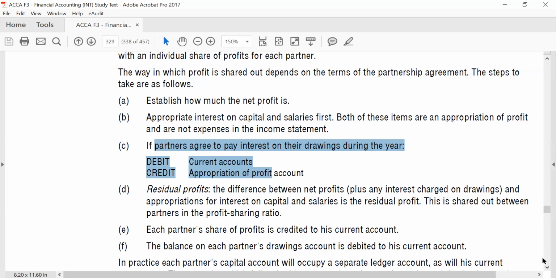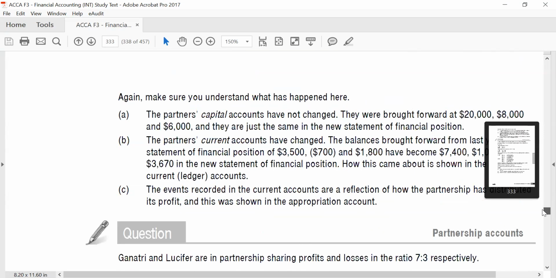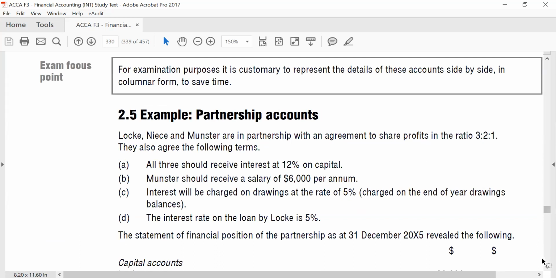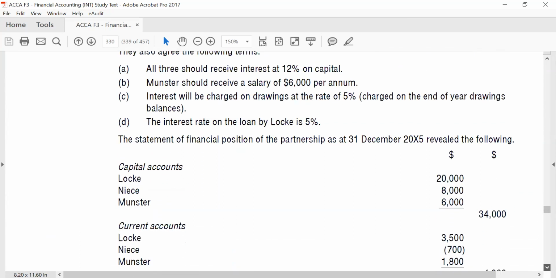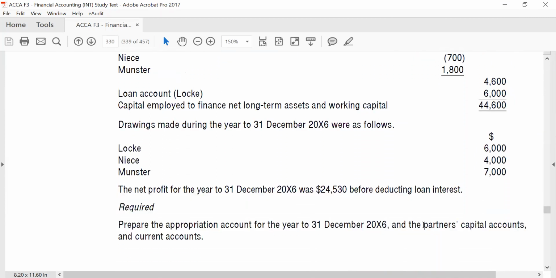Now, from this question, they have asked us also to draw the current account. So it would be very important for us to do the current account as well, concurrently, because one of the things that I usually tell my students is that they're asking us for the partner accounts and the current accounts. What I usually encourage is time management.